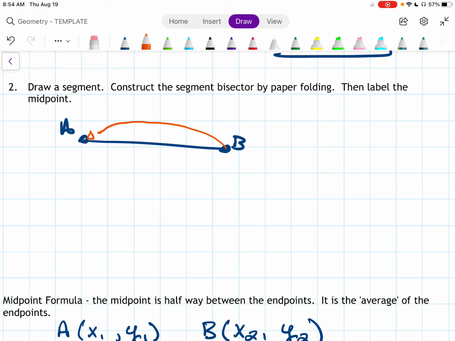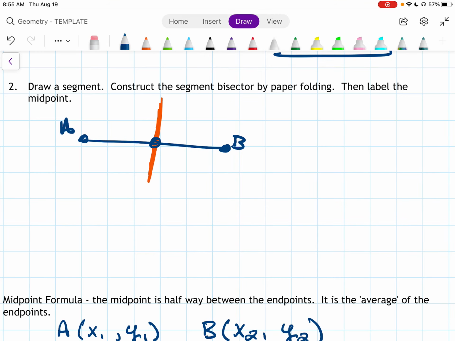Take that and crease it, and you should get a crease right there. That crease is the segment bisector. It cut it in half. So we have our midpoint, point M, and then we have our segment bisector, which is that orange piece. That's the crease on your paper.